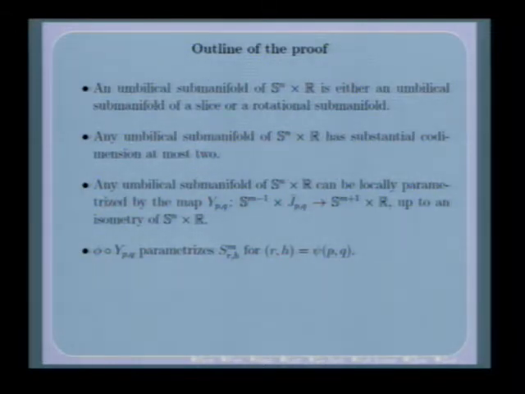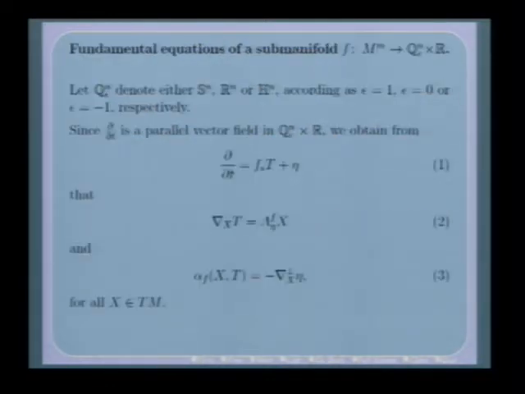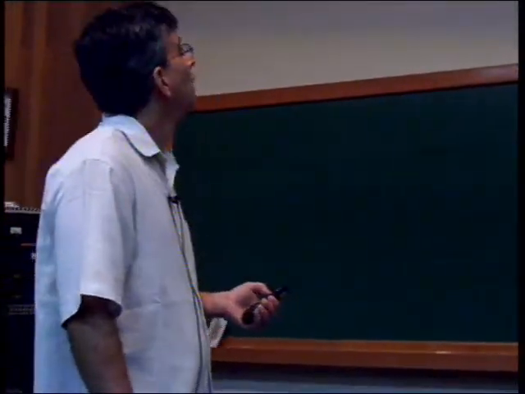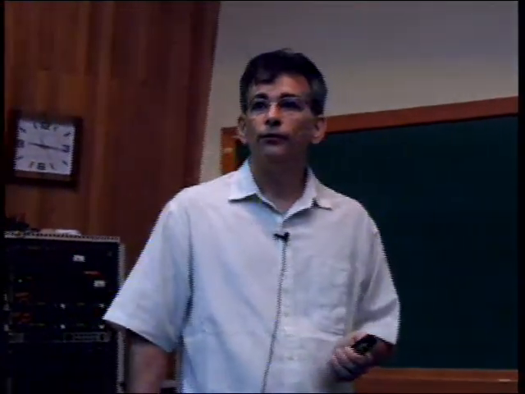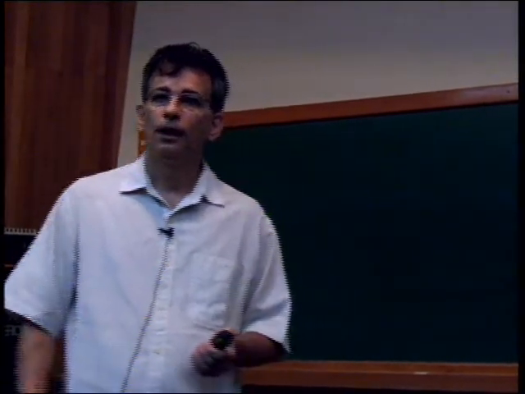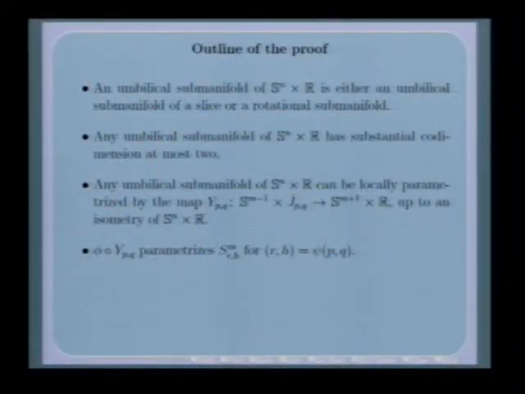And then we just have to check that the image of such a map parameterizes this two-parameter family of spheres with R and H related to P and Q by that diffeomorphism I showed you before. Well, in order to prove the first part, we have actually to deal with a much more general class of submanifolds, which I will try to convince you are worth looking at.